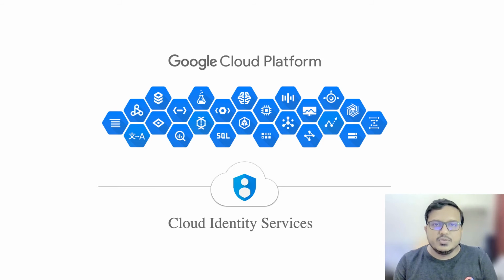Now, super admin users manage user and group account lifecycle as well as security settings of the organization from the admin console. These super admins have full visibility of Cloud Identity and GCP environments. And when we are talking about a multi-organization setup, the super admin has full visibility of all the organizations' GCP environments. So super admin is, you can say, the god of all the users. So it has god-level access.